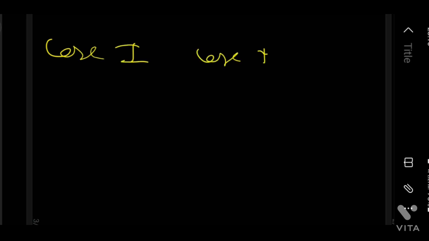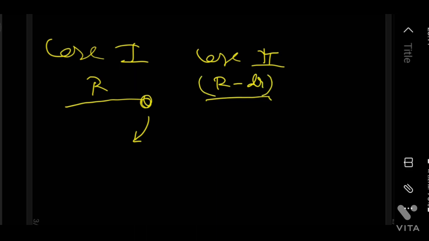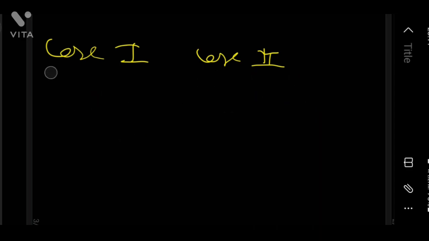So here I can take two cases, case 1 and case 2. Case 1 is when it is usually rotating with the radius r. Case 2 is when I pull, so the radius reduces to r minus dr. Okay, so let us find the kinetic energy of case 1.